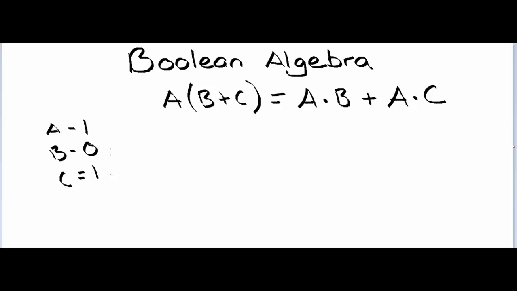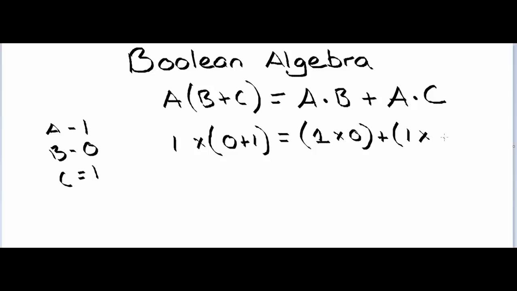Now you should be able to replace these, because this rule will work anyway, so you can have a go at swapping them around and see if it still works. We can say that 1 multiplied by, because that's essentially what we have here, 0 plus 1 is always going to equal, and we'll put these in brackets, 1 multiplied by 0 plus 1 multiplied by 1.